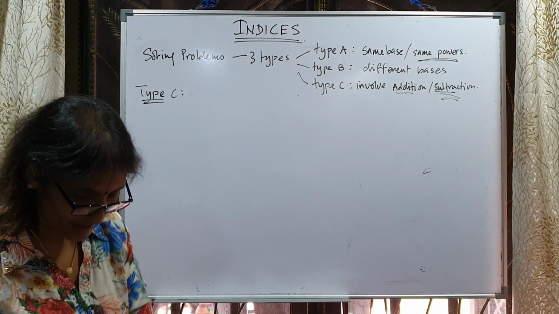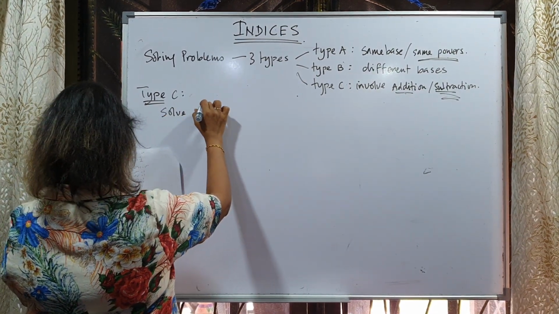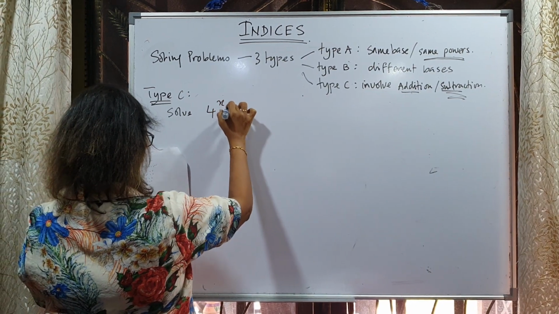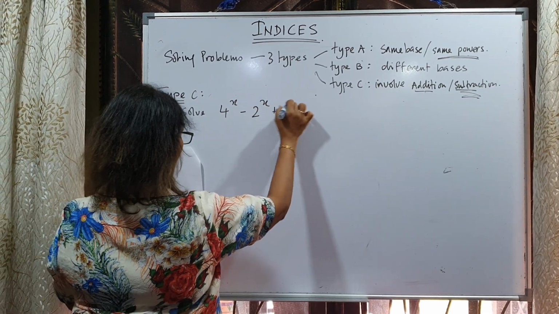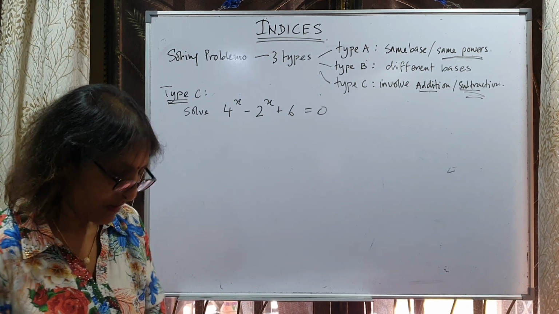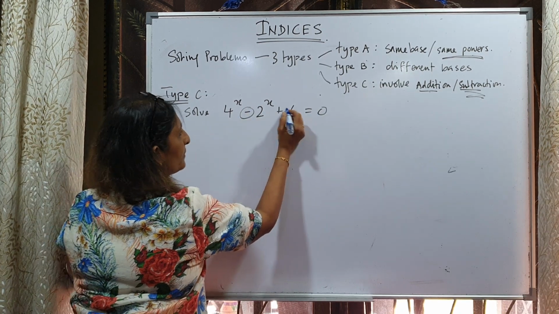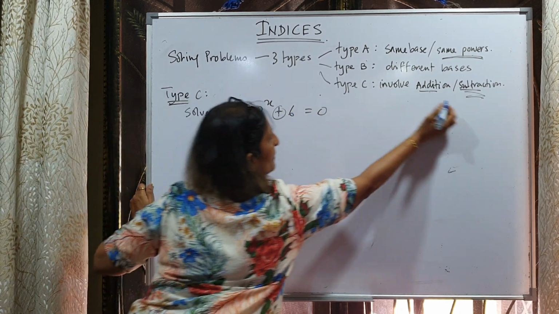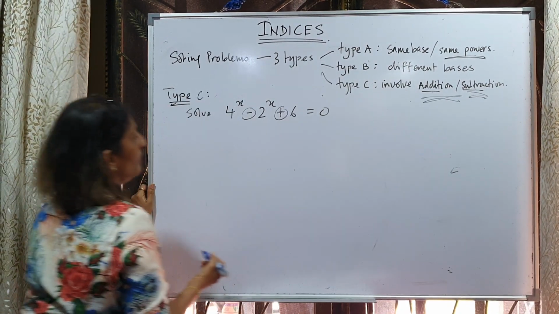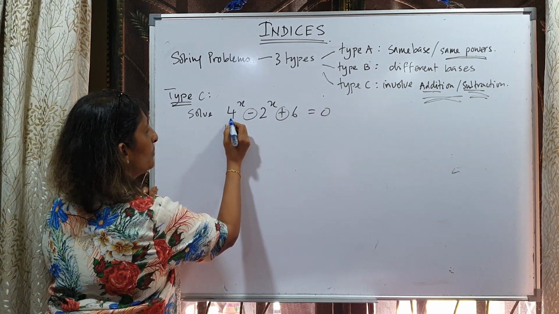Okay, what if you have this question? This one also has subtraction and addition, so it's the same thing, type C. But here you see 4 can be changed to base 2.